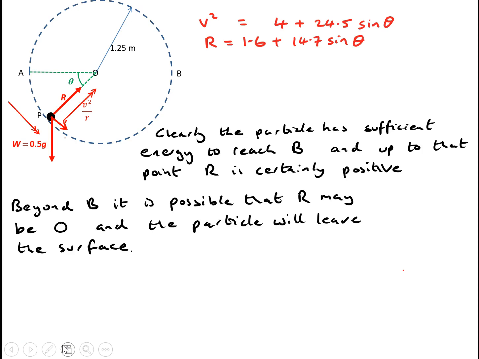Beyond B, it's possible that R may be 0 and the particle will leave the surface. So let's have a look and see whether that happens or not.